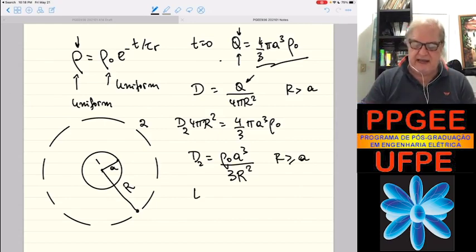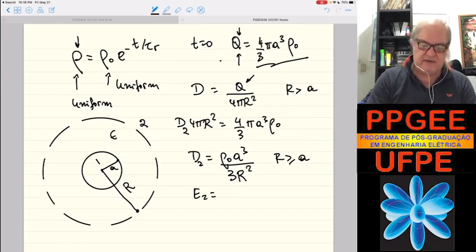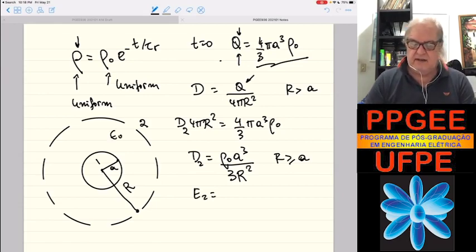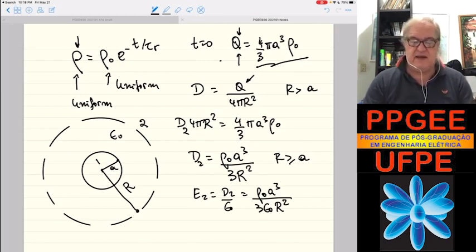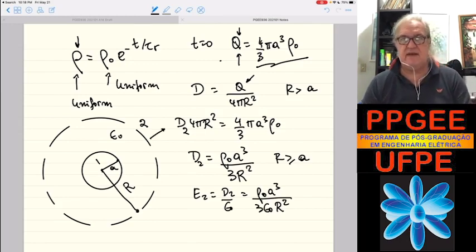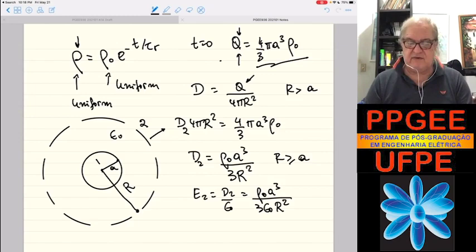The field outside equals D2 divided by epsilon 0. It's going to be rho 0 a cubed over 3 epsilon 0 r squared. The field is radial. All the fields are radial. I'm not putting the vector form.